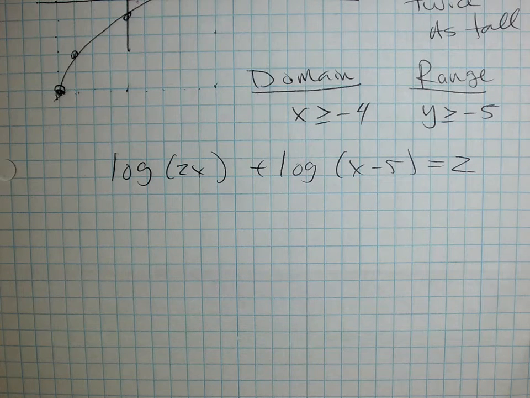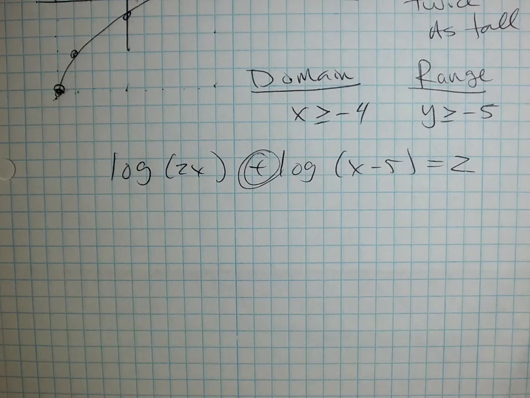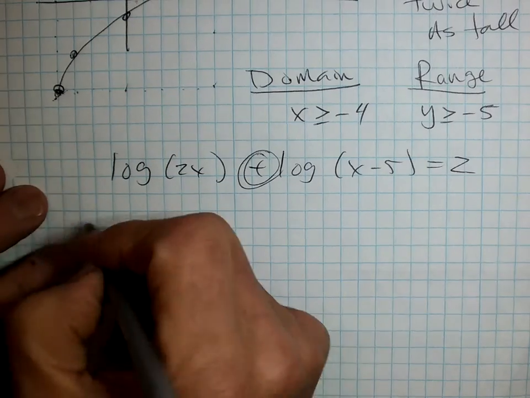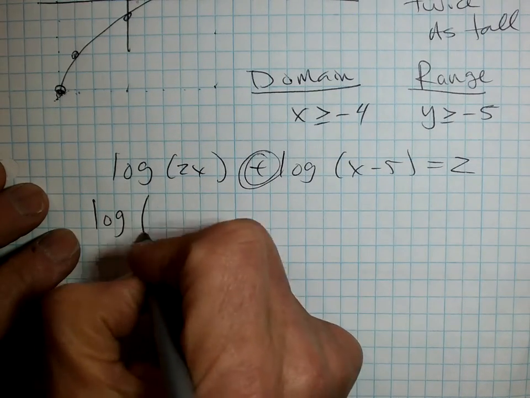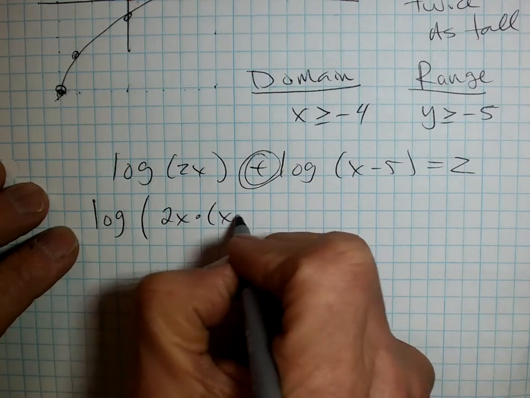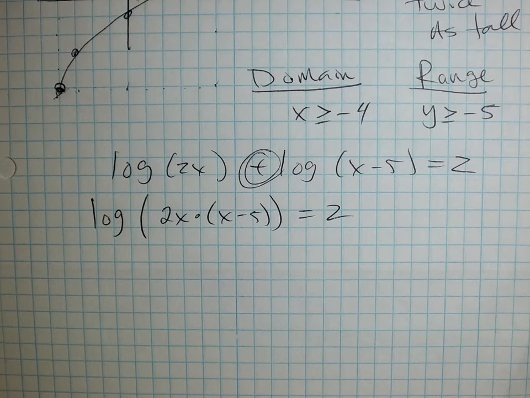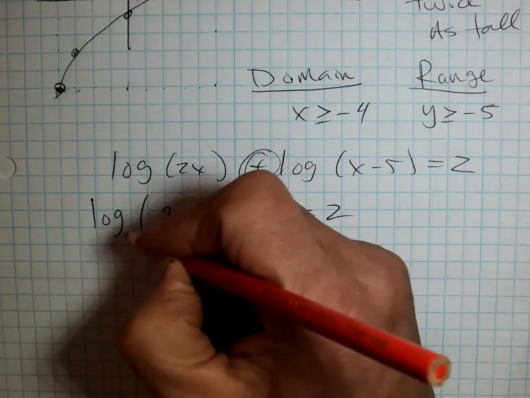Yes. So if it's plus, we bring them together as times. I'm going to write this as log of 2x times x minus 5 equals 2. There's an invisible base. What's my invisible base? 10.